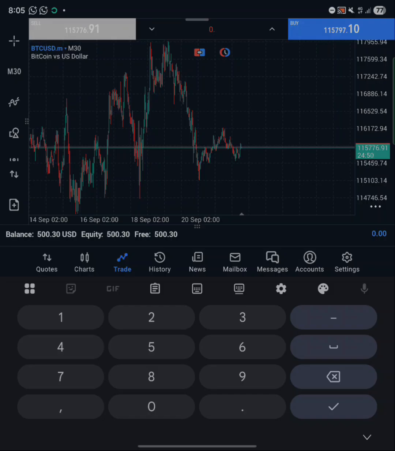Then the mini lot size, which is 0.1. This is the mini lot size, which will give you money if you use it well, and also take your money if you don't use it well. That is just the real truth here. Now the standard lot size. I said there are three types of lot size: the micro, the mini, and the standard.